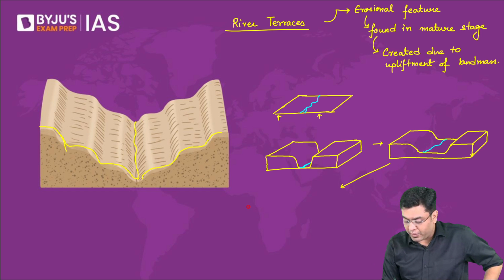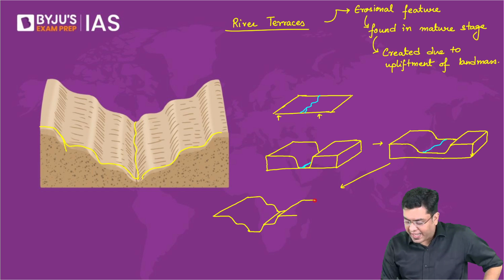So how will that upliftment look like? So the older portion is something which has already been uplifted, which will go through another phase of upliftment, whereas the newer portion will basically experience another phase of upliftment.